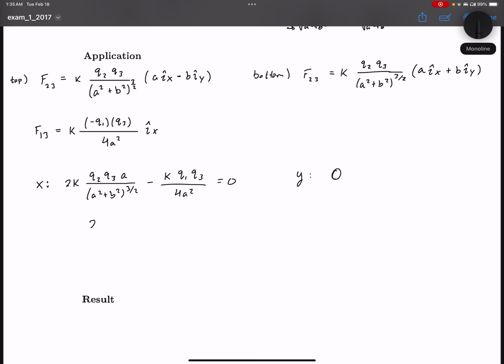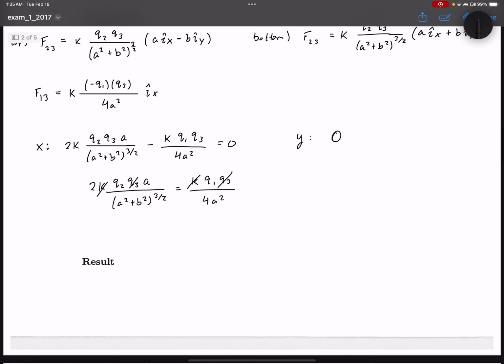And so what we're going to do is 2k q2 q3 a over a squared plus b squared to the 3 halves. That's going to be equal to k, because I just added it, over q1 q3 over 4a squared. Okay, we cancel out the k's. We're solving for q1, so we cancel out q3s.